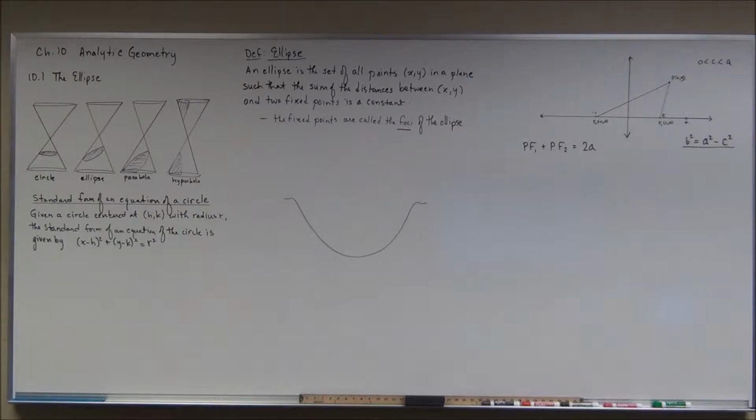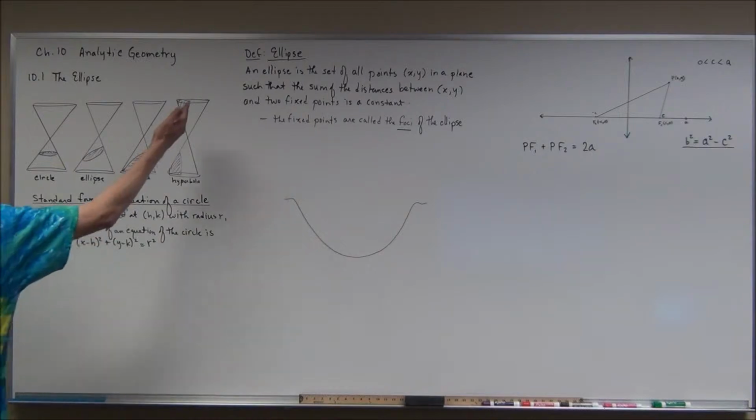Now, the conic section kind of gets its name from a double nap cone where you cut a plane through it at various angles and at various places. Like here, if I cut straight across, I would get a circle. If I cut kind of on an angle, which I tried to draw, it's very difficult for me to draw, and trying to draw 3D on 2D is tough, you get what looks a little bit more like an oval shape, or what we call an ellipse.